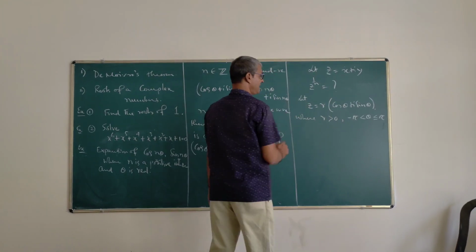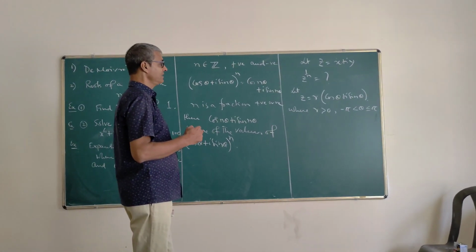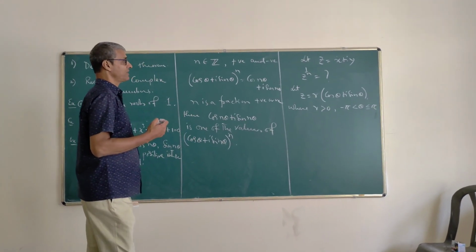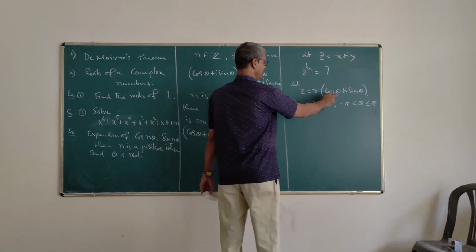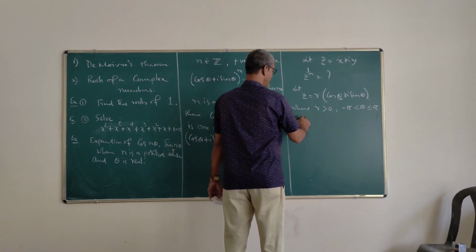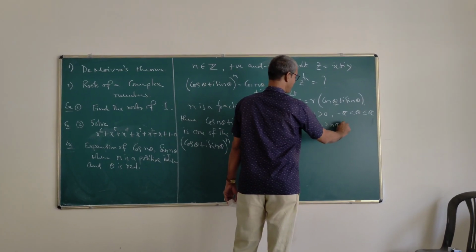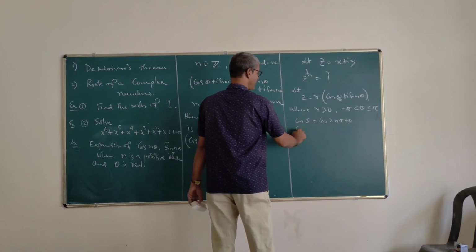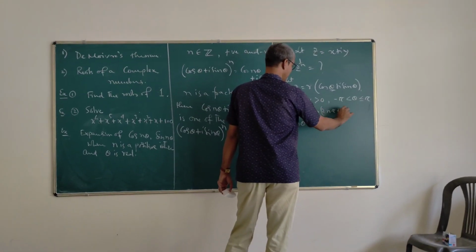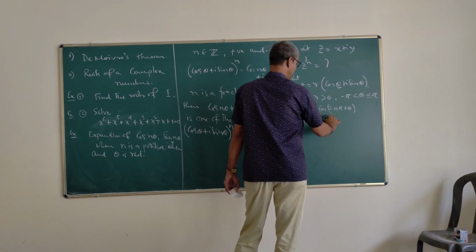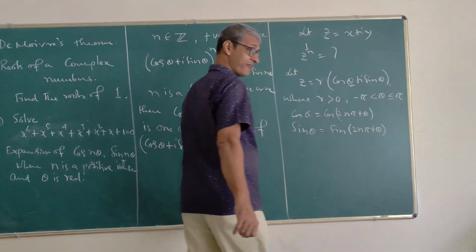Now once you express this in polar form, we start to find the nth roots of z. We know that cos theta is the same as cos (2n pi plus theta), and sin theta is the same as sin (2n pi plus theta).